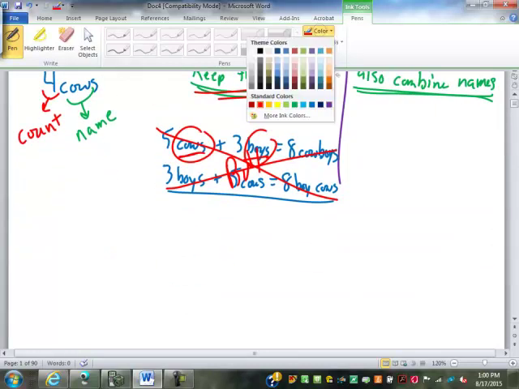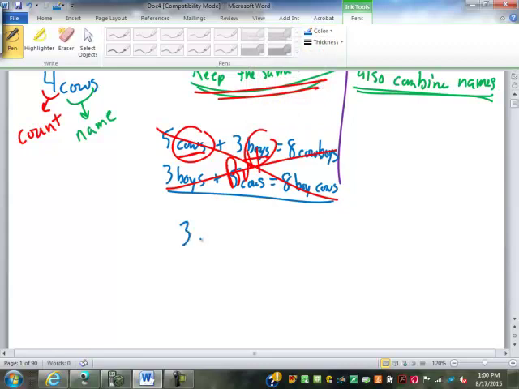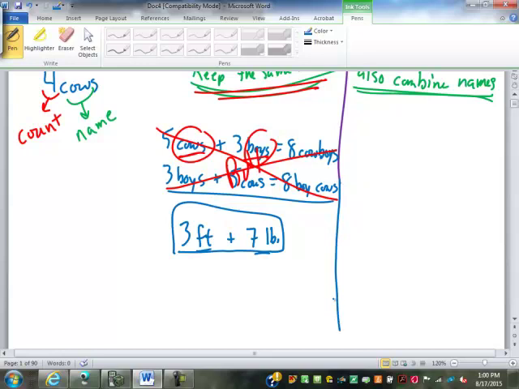For example, let's say I have 3 feet plus 7 pounds. Can I add those? No, they have different names. 3 feet plus 7 pounds is just 3 feet plus 7 pounds. I can't do anything more with it. But for multiplication, 3 feet times 7 pounds.